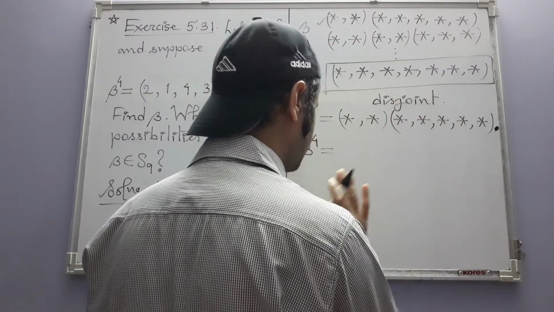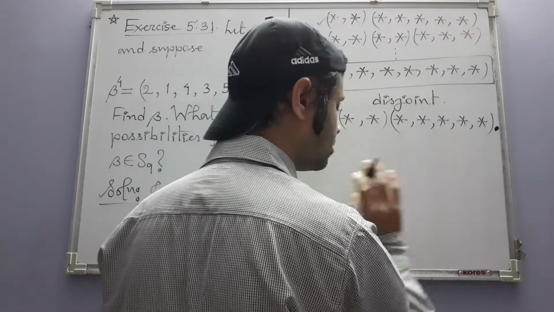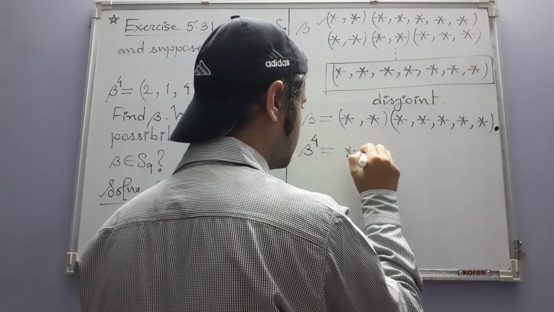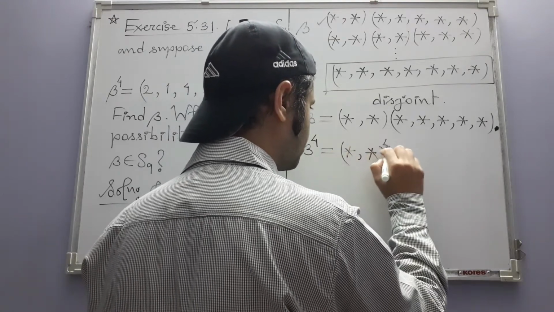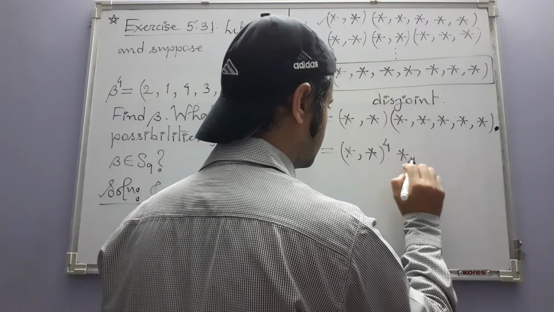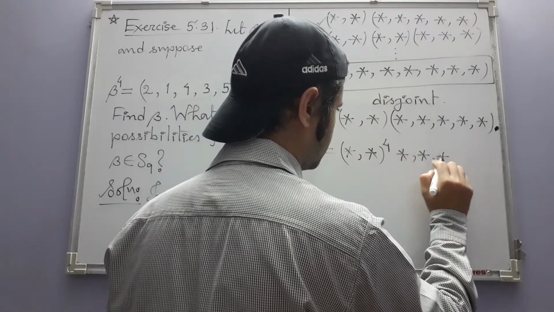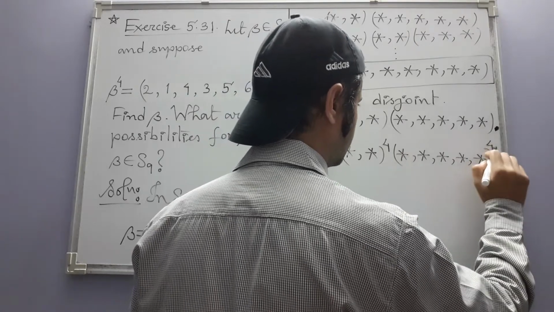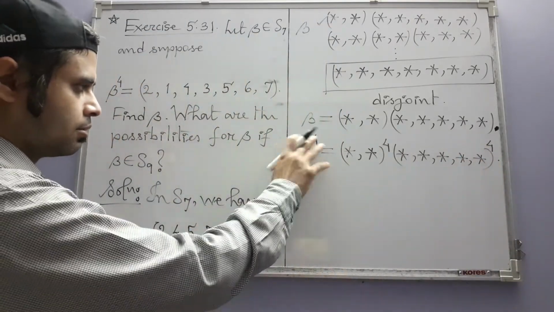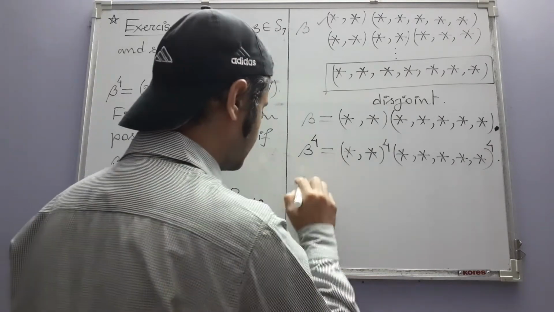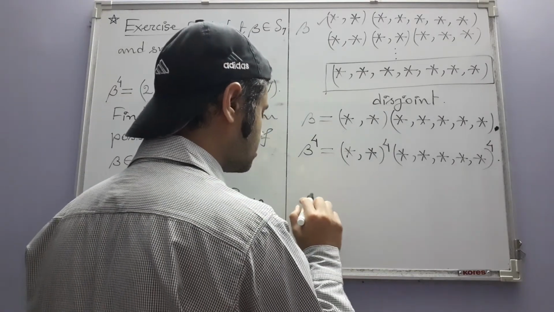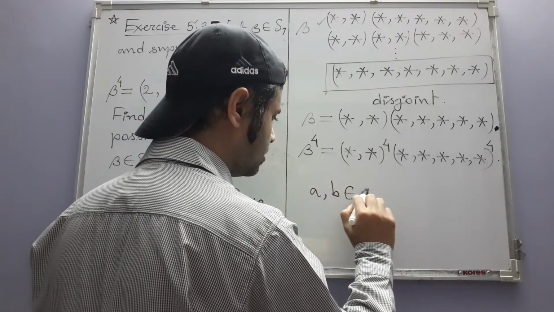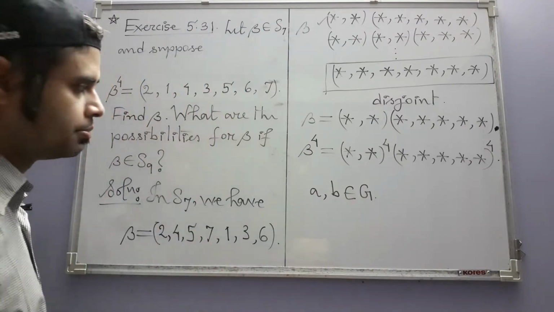And because of that commuting property, the 4th power of beta in fact is the product of the 4th powers of these cycles. You can make sense of this not by thinking of 4 or such a large thing. You just simply, in a group, say you have 2 elements A and B in a group which commute.